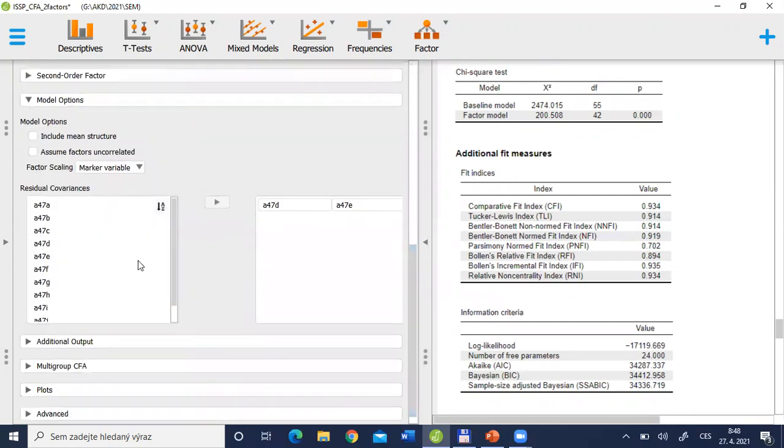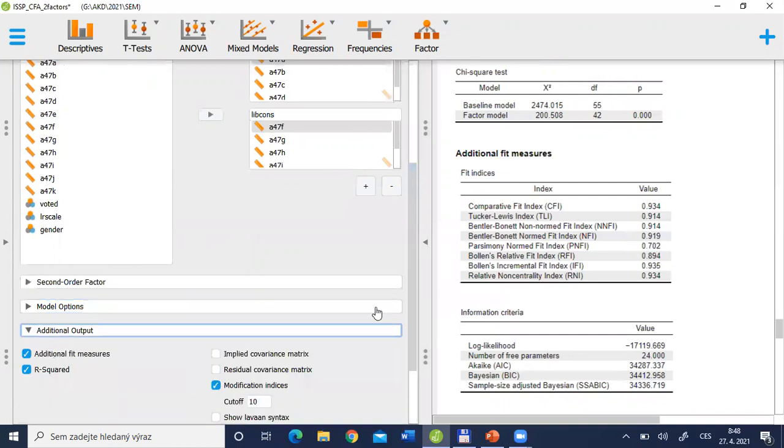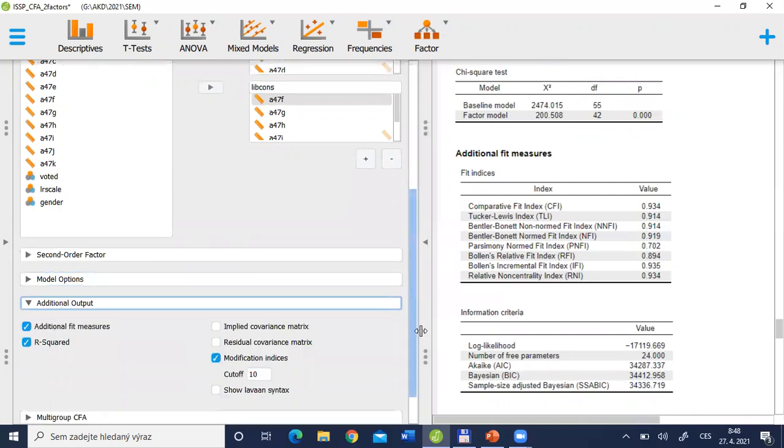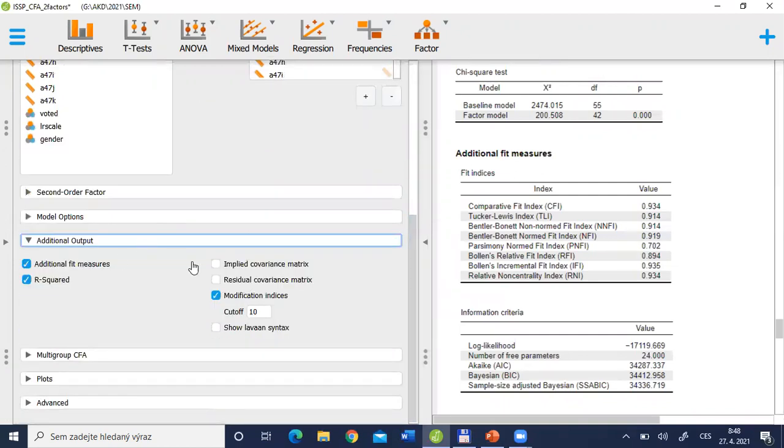First of all, I can go here into this additional output, and here I can ask for the output which is called residual covariance matrix. So I can click here, and there would be one more table included here, which would show the residual covariance matrix.